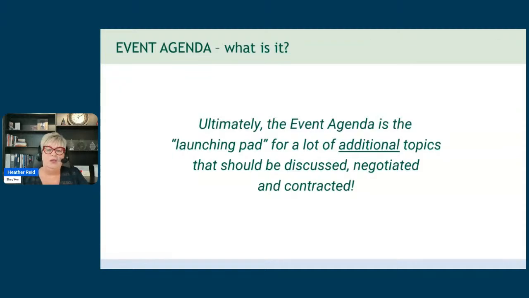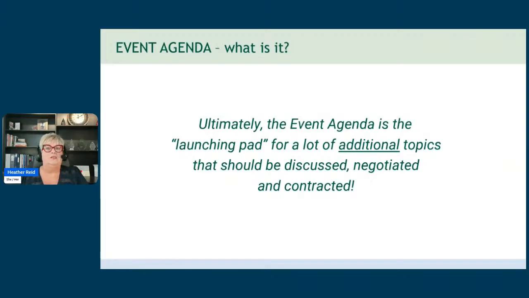So what do I mean by launching pad? Well, there are many, many, many topics that impact the operations and the logistics of our events that are often not included in the templated contracts that we receive from our supplier partners.